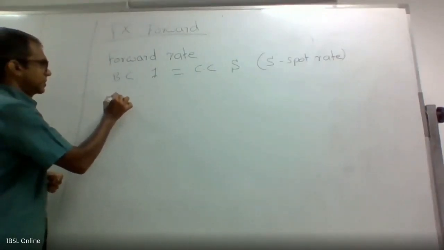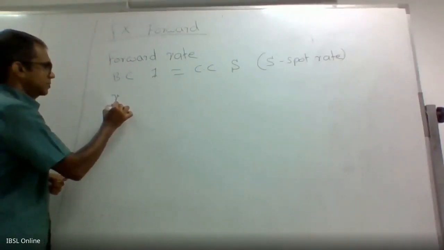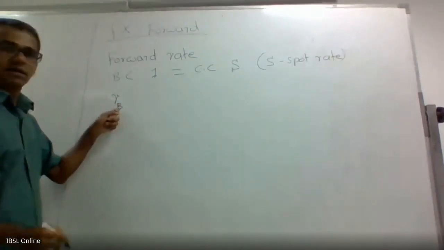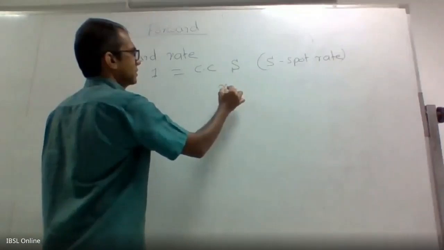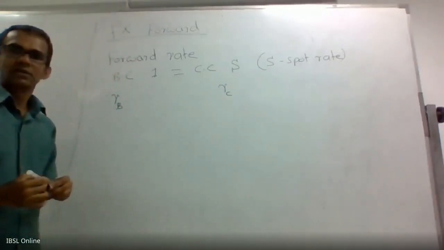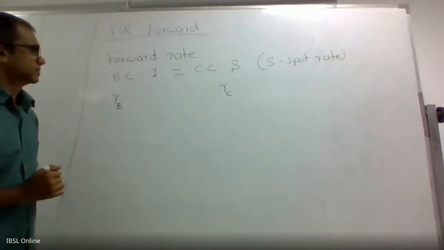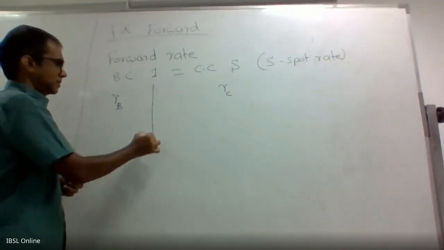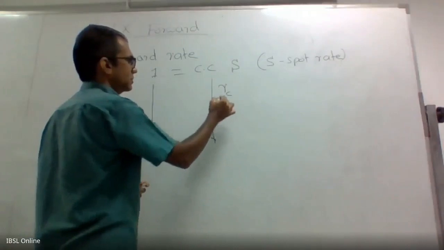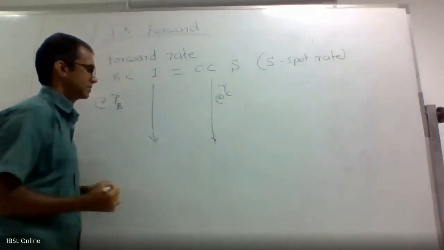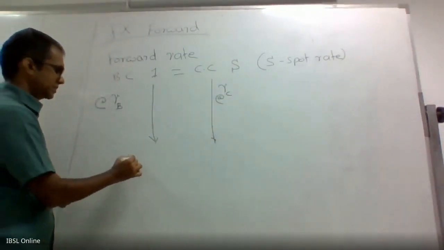The interest rate applicable here is, I put just B here, the interest rate of the base currency, and the interest rate of the counter currency. So calculate the future value at this rate.